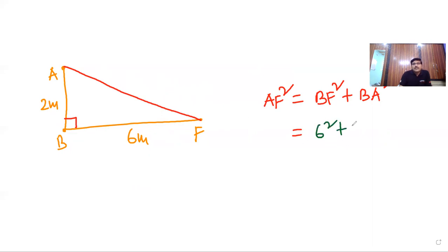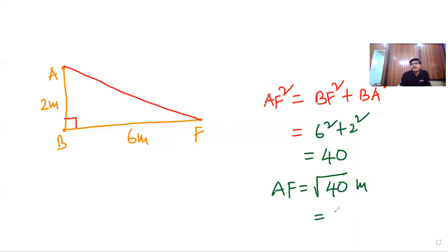Now this becomes 6 square plus 2 square. So 36 plus 4, 40. So AF is square root of 40 meters. Further simplification: 4 root is 2, 4 into 10, we can write 2 root 10 meters. 2 root 10 is the displacement.